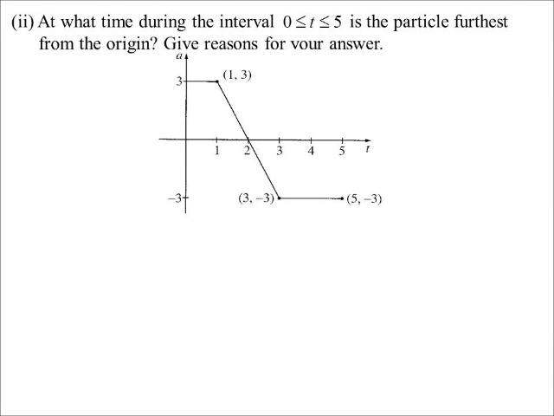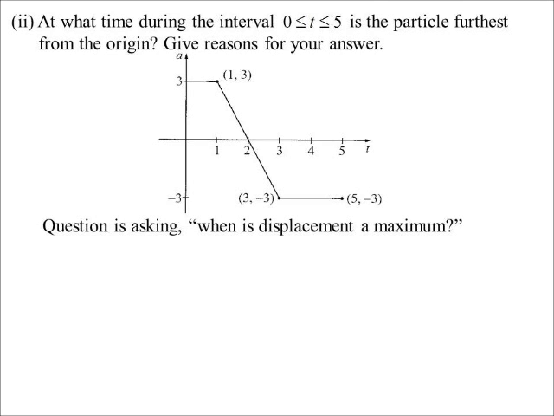It then asked, at what time is the particle furthest from the origin? Furthest from the origin. Okay, so it's saying, when is displacement a maximum? Displacement will be a maximum when velocity is equal to 0.